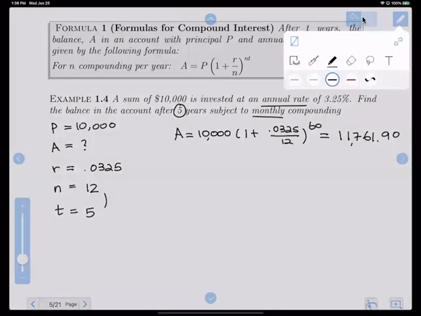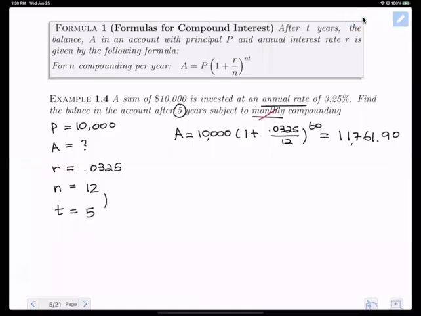So instead of saying monthly, if I change this to weekly, everything is the same except this one, okay? So every week we get the interest. There are 52 weeks a year, and I want to see the balance. The only difference is weekly payment.